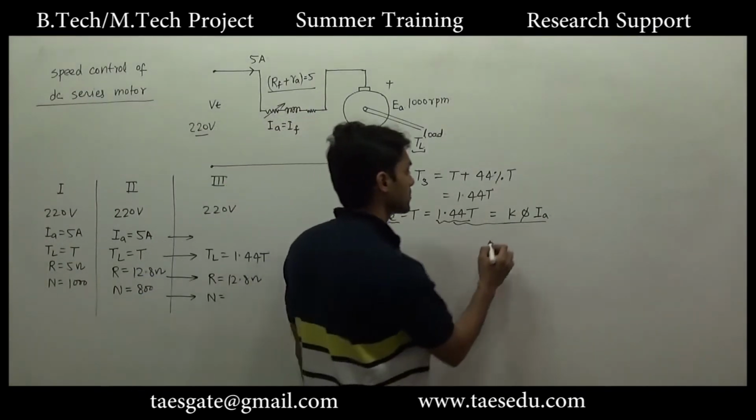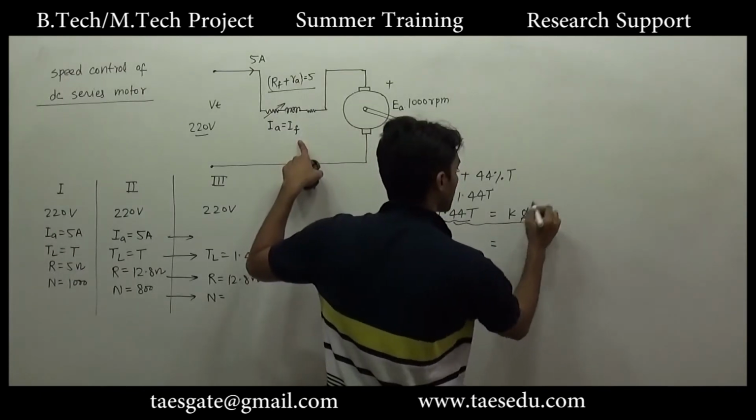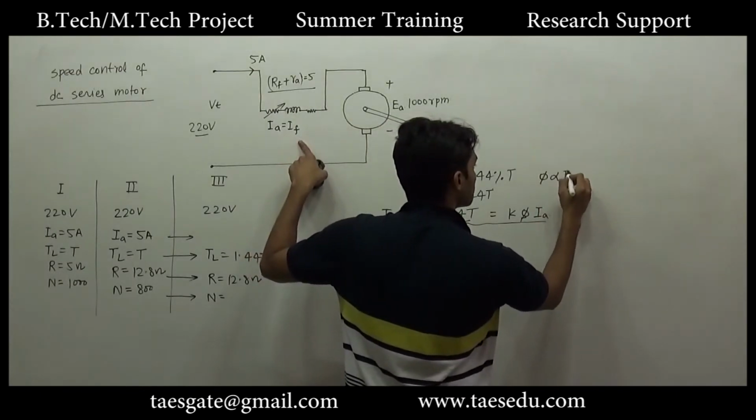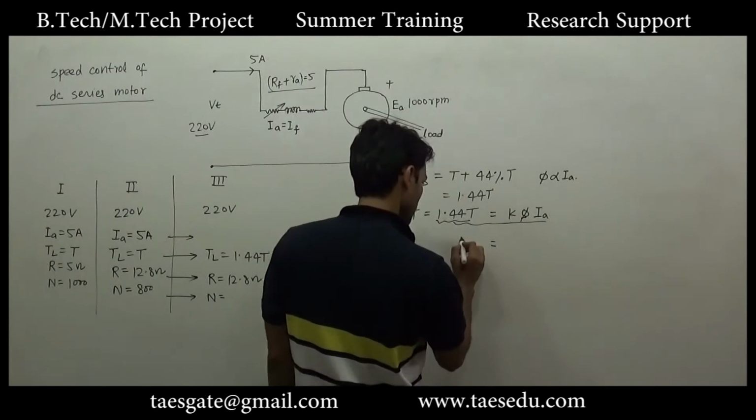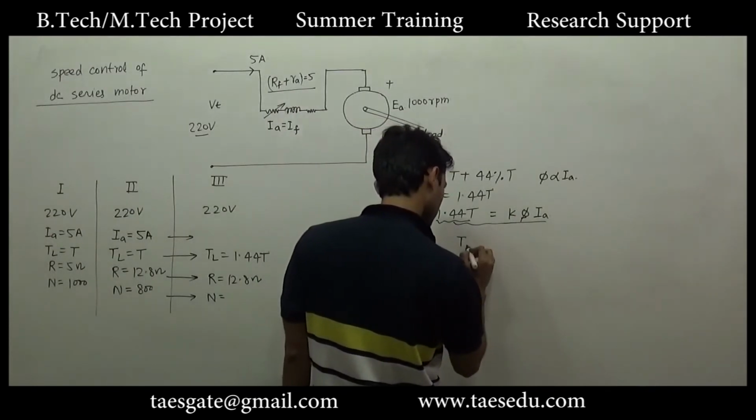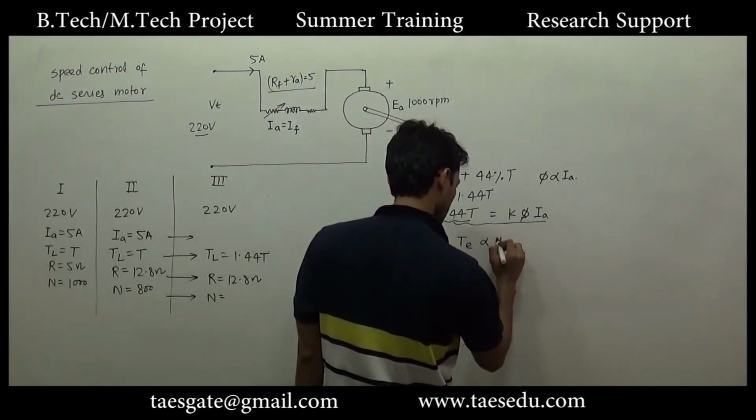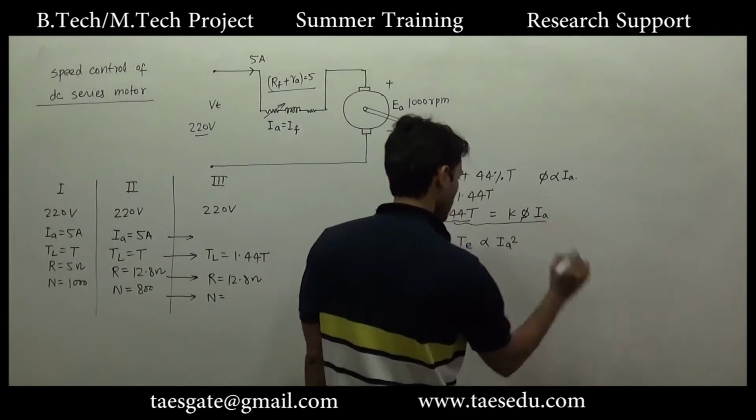Again here, phi is directly proportional to armature current, so we will write electrical torque is directly proportional to armature current square.